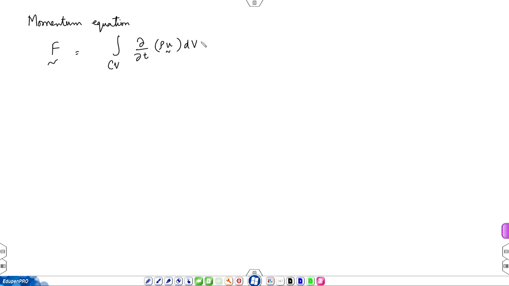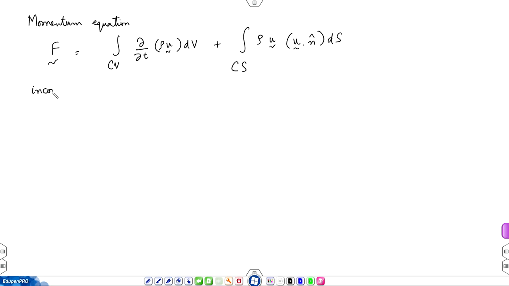So, this you will notice is now a vector equation, because force is a vector. This is the first term, plus the integral over CS of rho u, u dot n ds.